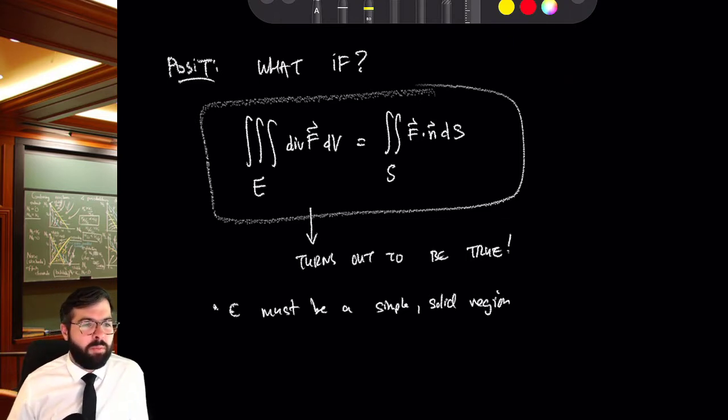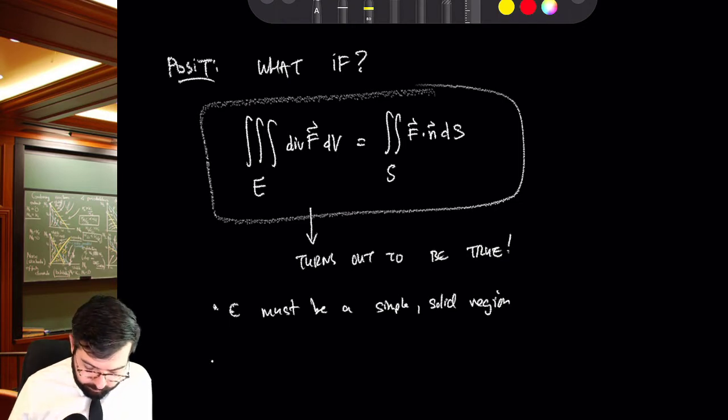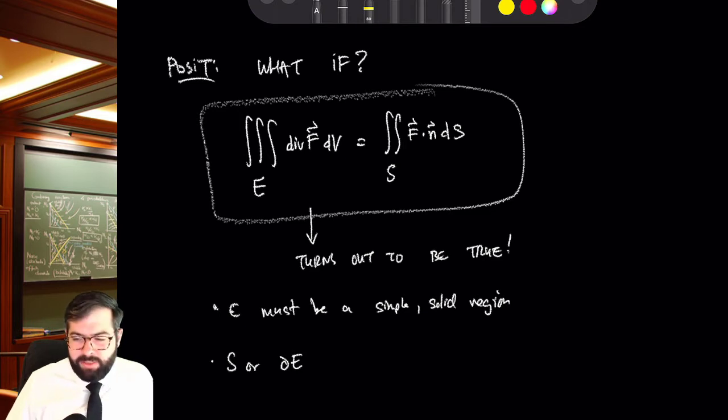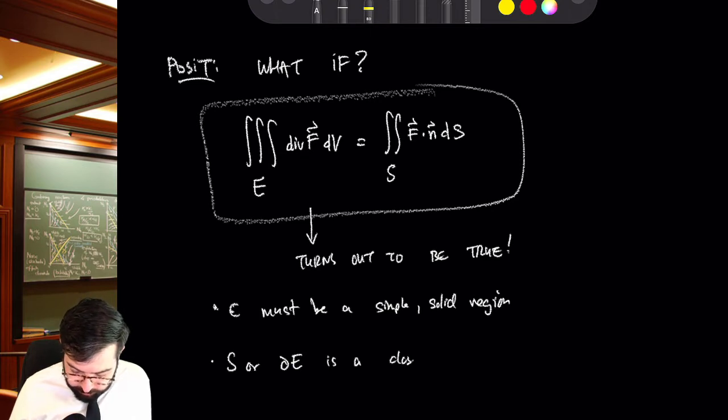It has to be a type 1, 2, or 3 region. And that S, or this boundary of E, I think you've seen this before, this is the boundary of the region, must be a closed surface.